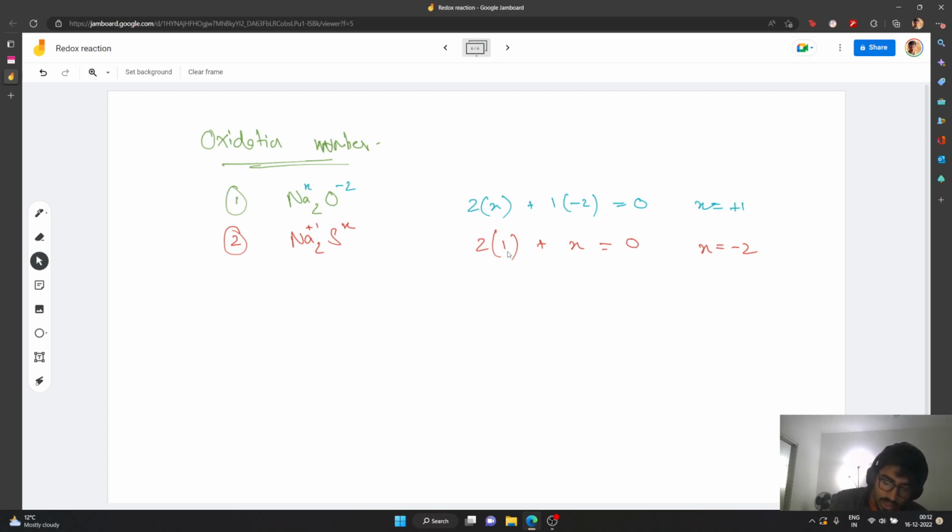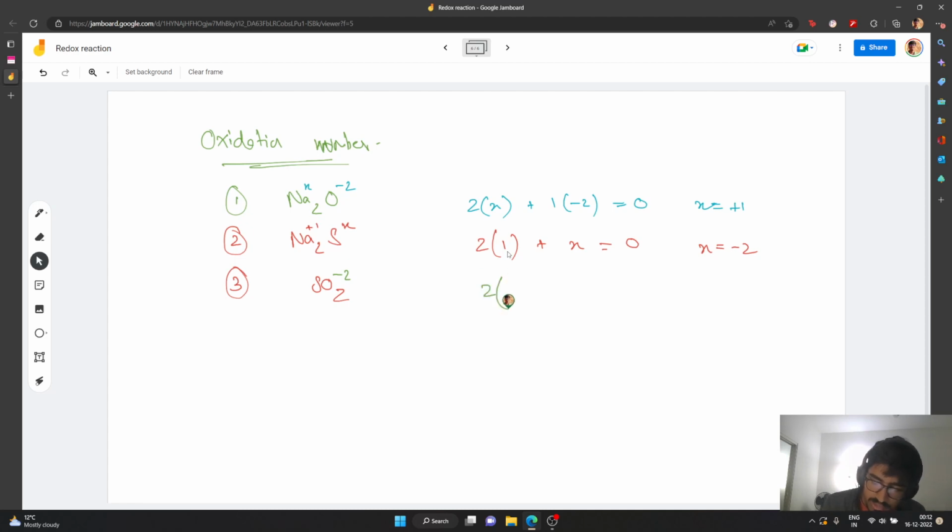So let's keep going. Let's look at some non-metal ones now. So maybe SO2. Okay, so both are electronegative, but the most electronegative is oxygen amongst these two. So oxygen will have a -2 oxidation number. What is the oxidation number of S here?